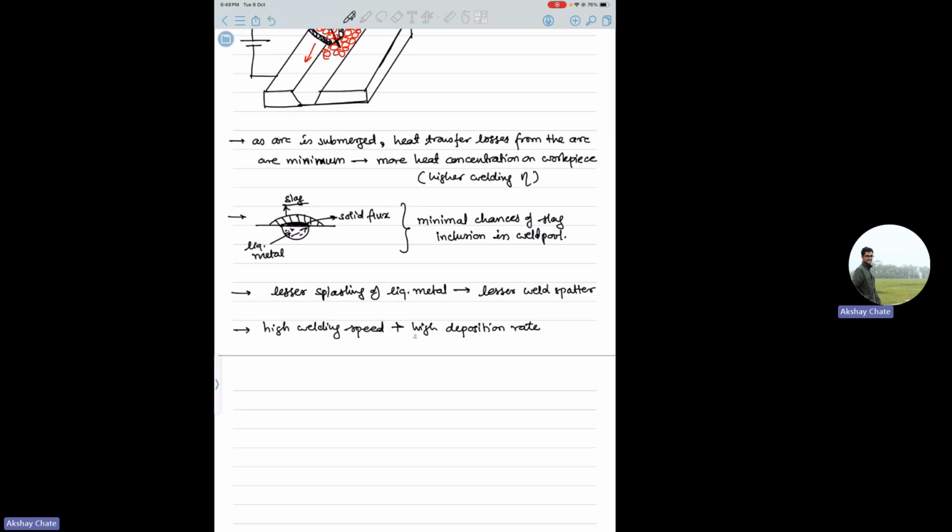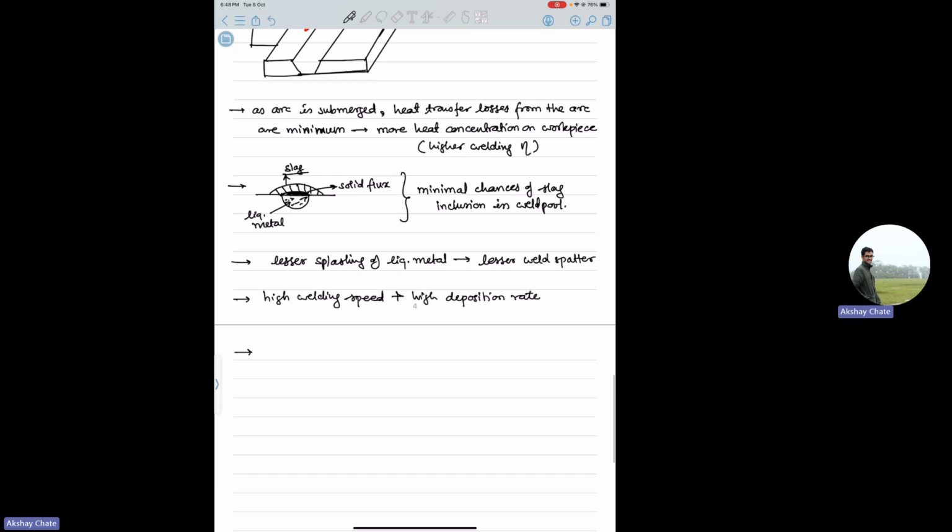But there are some disadvantages, such as it cannot be used for all positions, because if you are using it, let's say, to do overhead welding, the flux will fall down, no? So this is only suitable for flat positions.